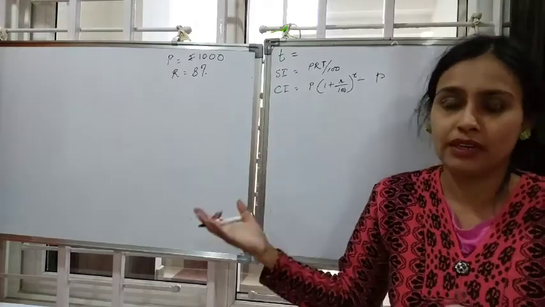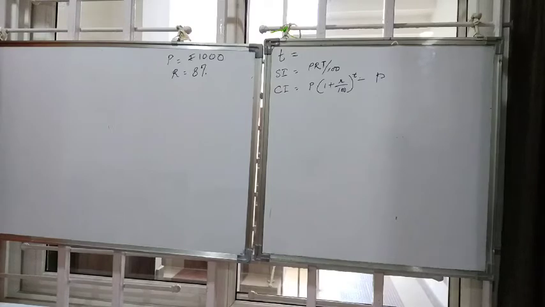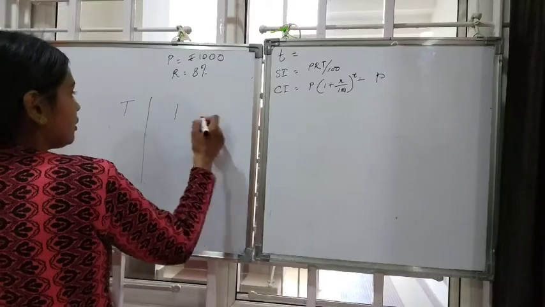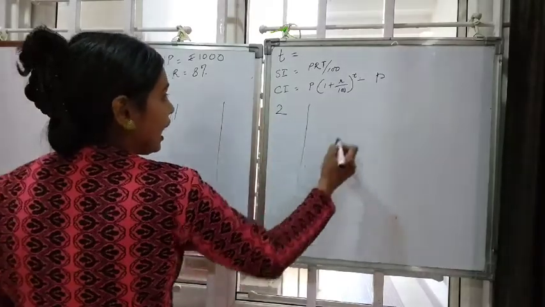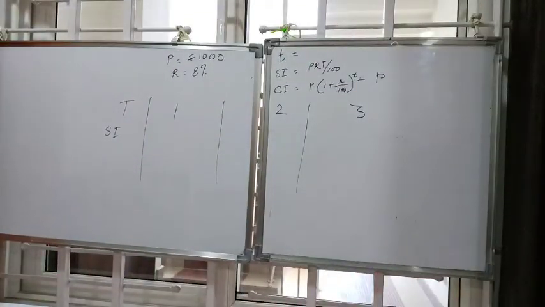So let's use the formula and find out the simple interest for the time period. The time period also is given. The table is made already, that is the time period for the first year, second year and third year. First we find the simple interest, that is P into R into T by 100.